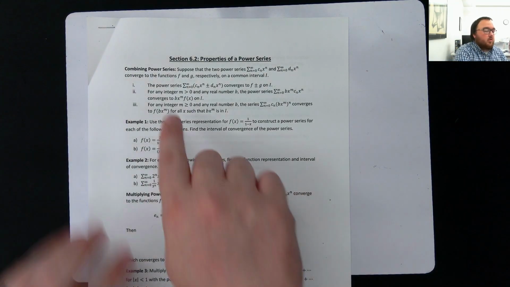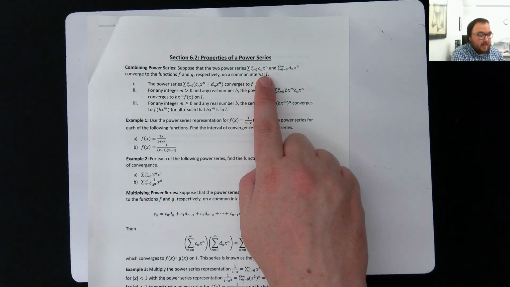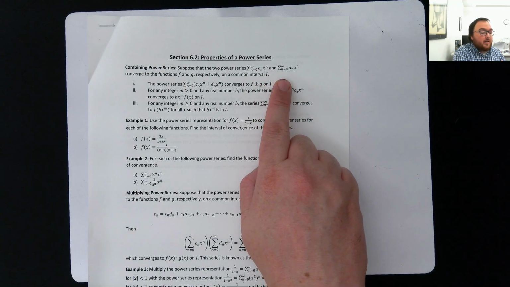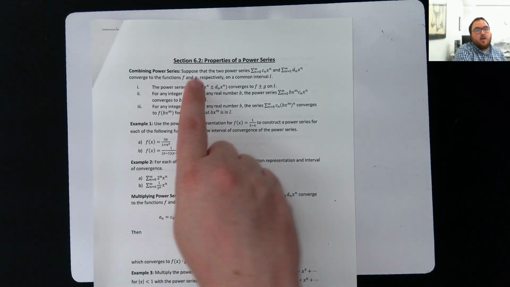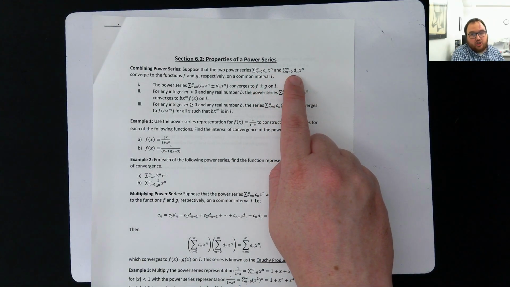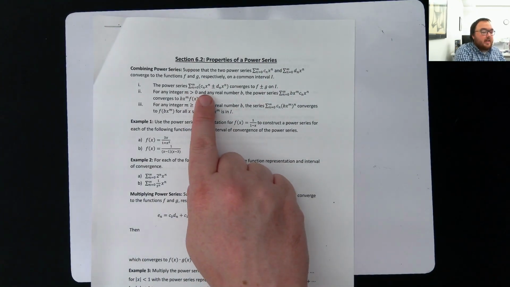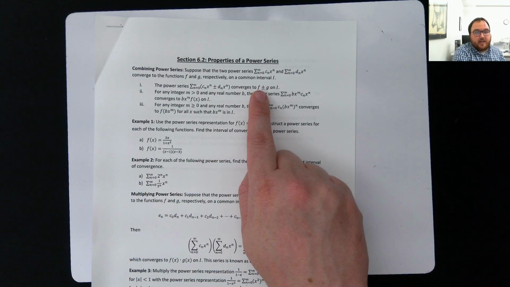Oh, and what it says at the start right here is that if the sum of Cn xn and the sum of dn xn go to f and g. So this is equal to f, this is equal to g. If that's true, then the sum of Cn xn plus dn xn is equal to f plus g.